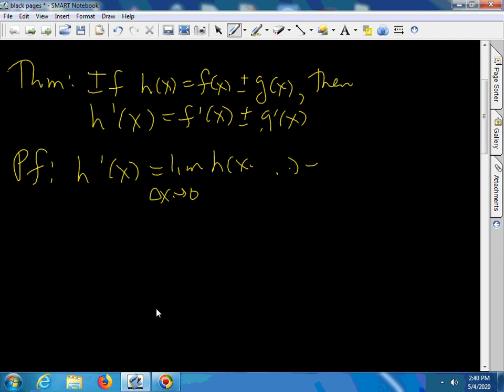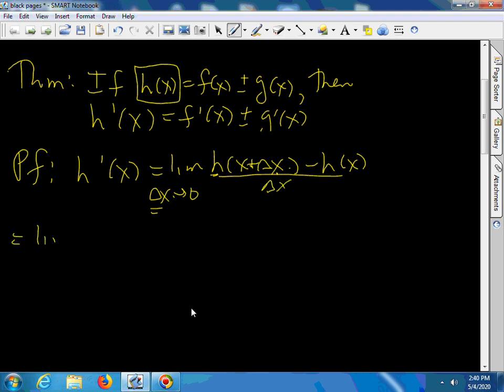And the reason is that I don't want to say h here when we have our function h. I could continue to say h goes to 0, but the function h, I should give a different name. Minus h of x all over delta x.